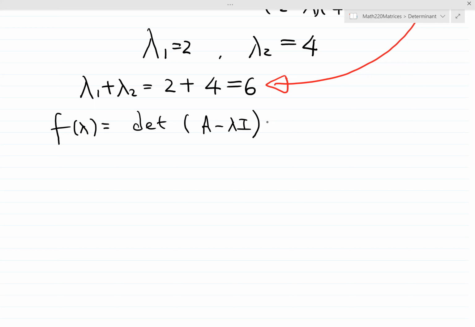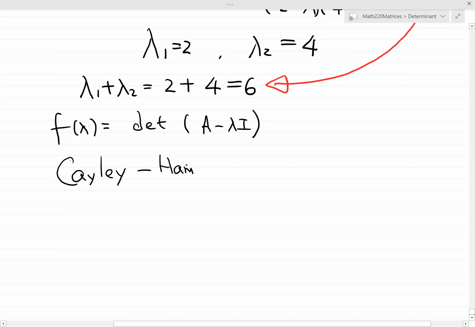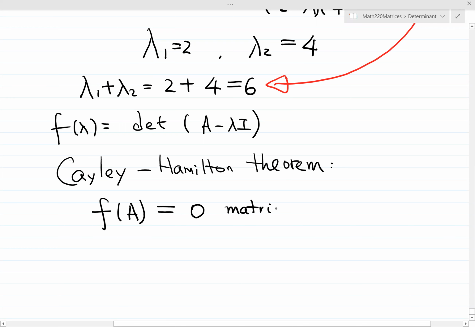So the next theorem, the Cayley-Hamilton theorem, says this: f(lambda), if you replace lambda by A, you get a 0 matrix. I.e., if you plug A into the characteristic polynomial, you get a 0 matrix.